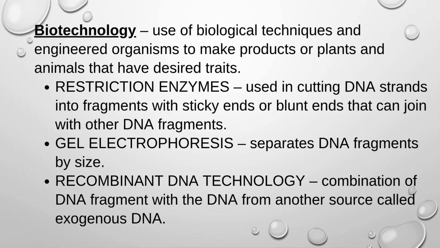First, we have biotechnology. It is the use of biological techniques and engineered organisms to make products or plants and animals that have desired traits. Restriction enzymes. It is used in cutting DNA strands into fragments with sticky ends or blunt ends that can join with other DNA fragments.